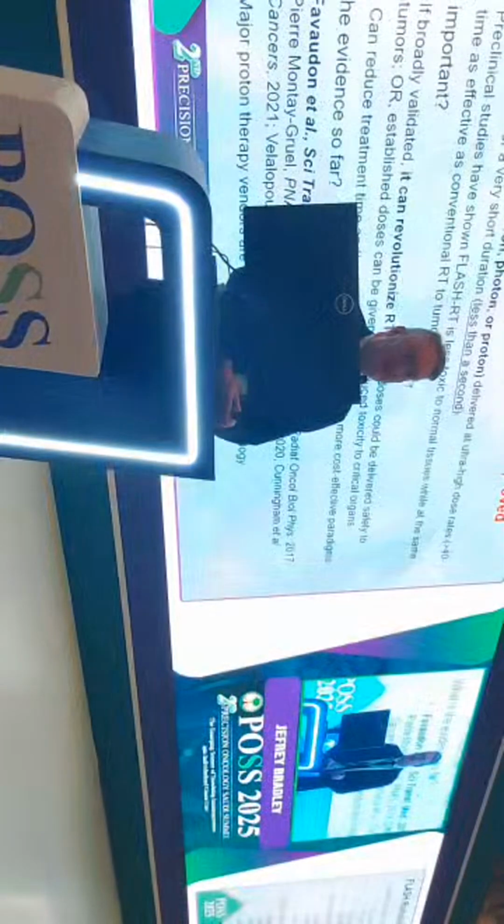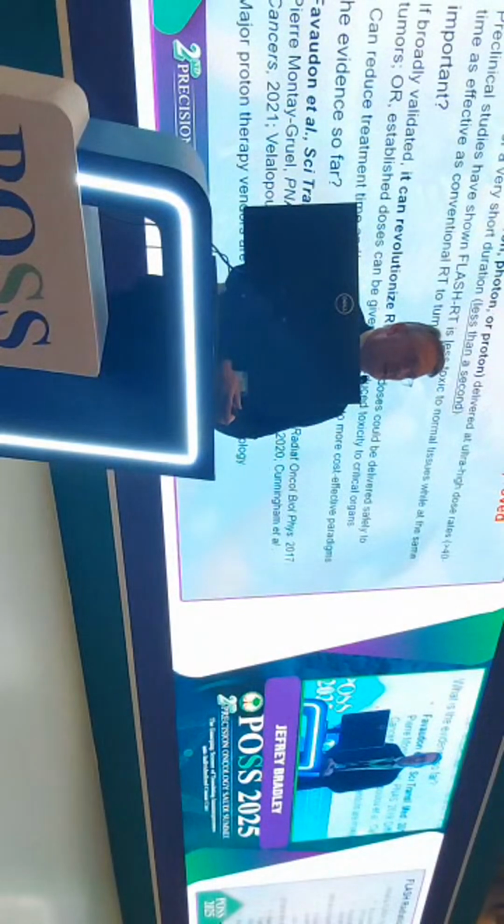And can we reduce the number of treatments? Flash is probably given in fewer fractions, let's say up to 5 fractions instead of 30 fractions. That reduces the amount of time a patient needs to come to clinic and decreases the travel costs. It makes us more efficient.